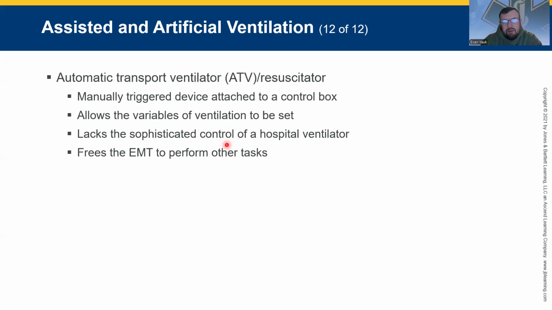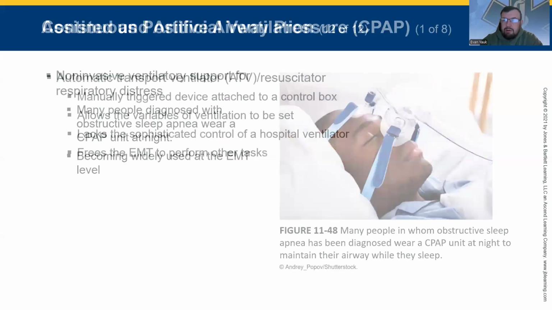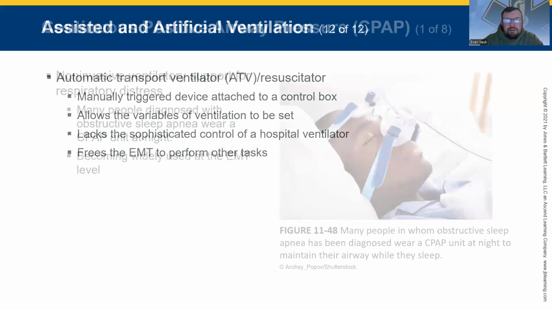We hook it up, we can dial in the exact amount of air we want pushed in and how often, and it allows the EMT to do other things that are needed. I personally have been doing this for 6 years. I have never had to use a ventilator, but who knows? There's always that first time.